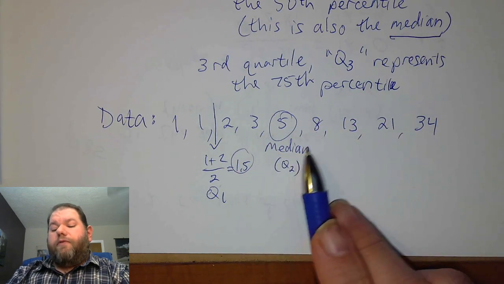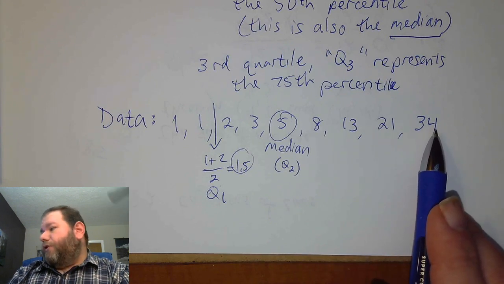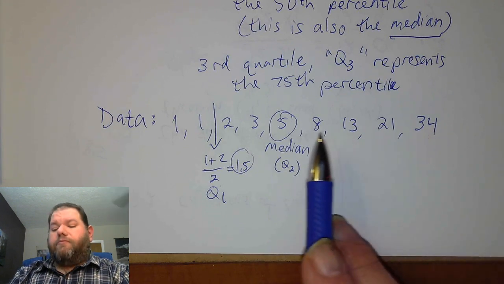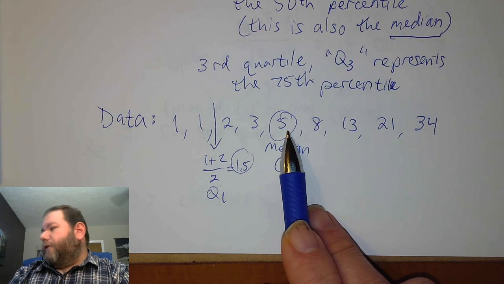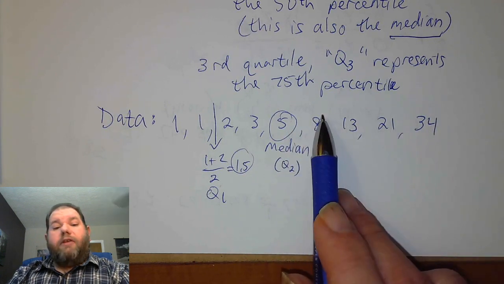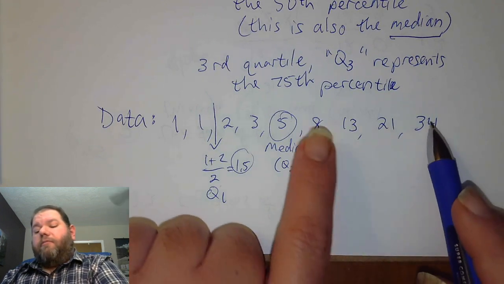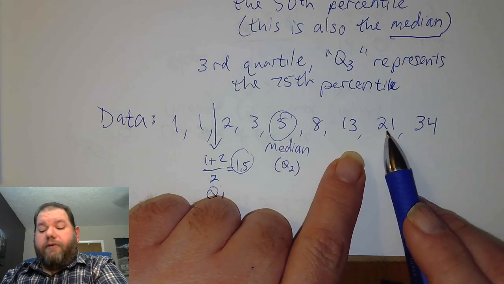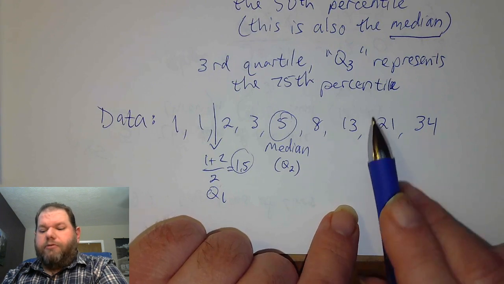Now, for the top half of the data, we do the same thing. Median is right here, so it cuts it in half. So in the top half of the data, we want the median of these 4 values. Now, again, when we have an even number of values, the median falls between the middle 2.